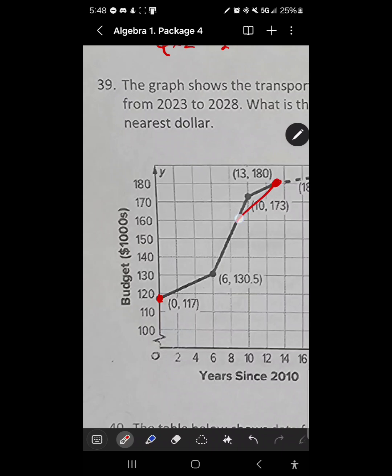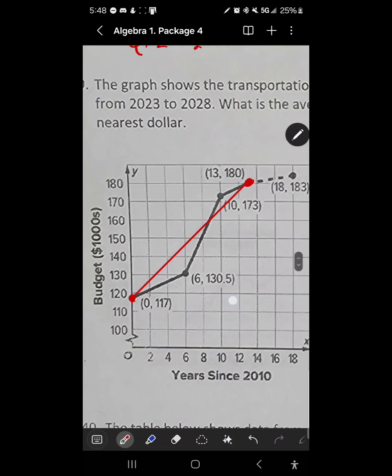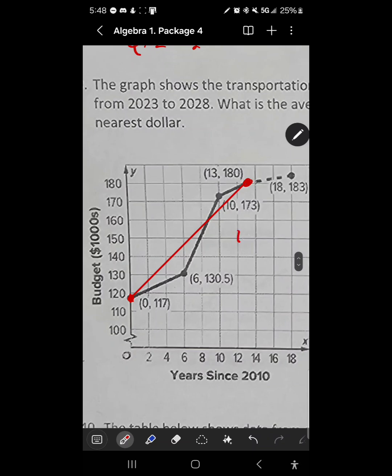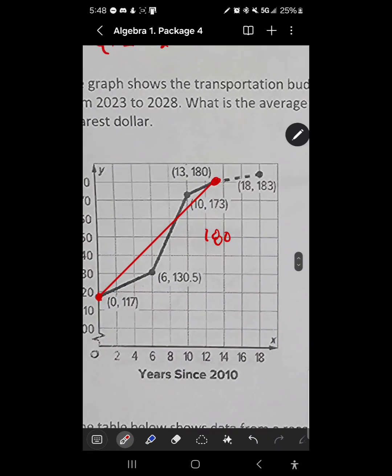And we have the point labeled. Now, our rate of change is just slope. So we're looking at this red line. And we have the points, so it will be 180 minus 117 over 13 minus 0. So this will be 63 over 13.